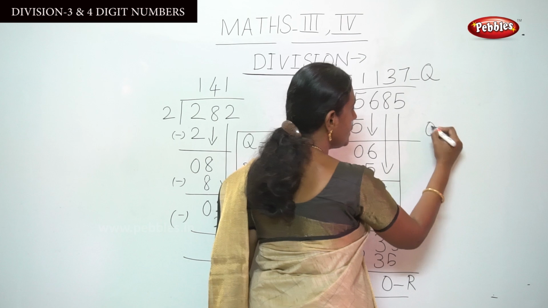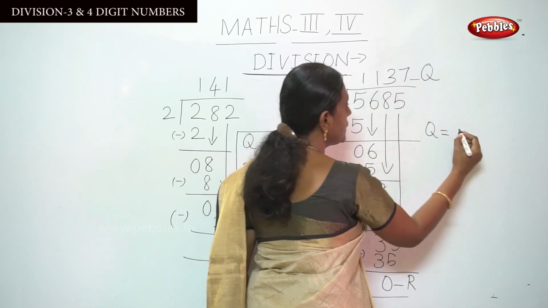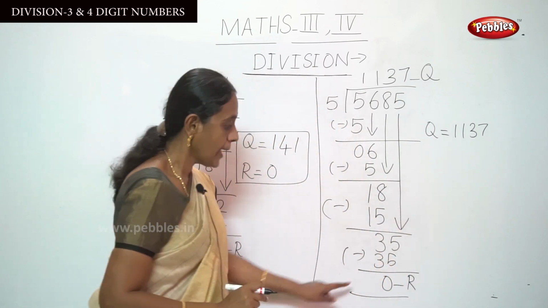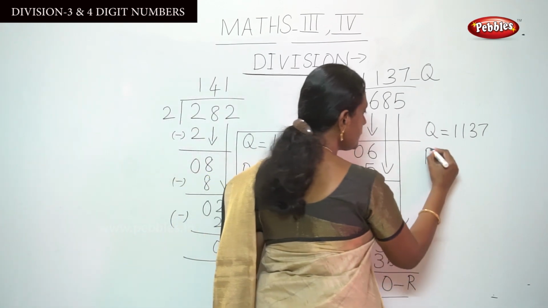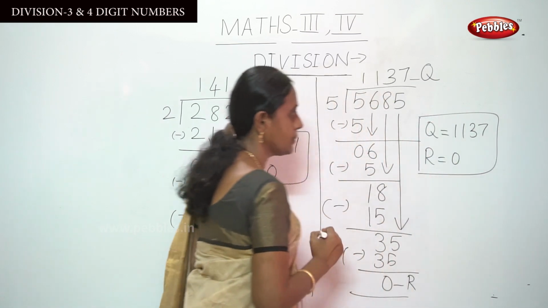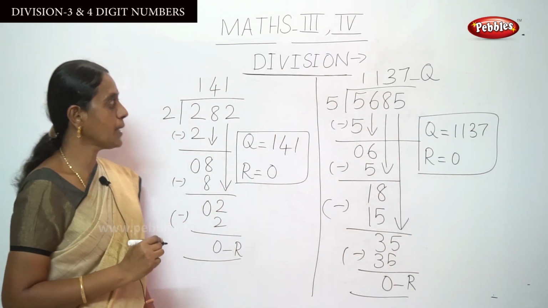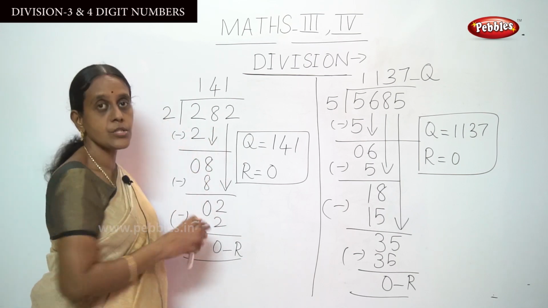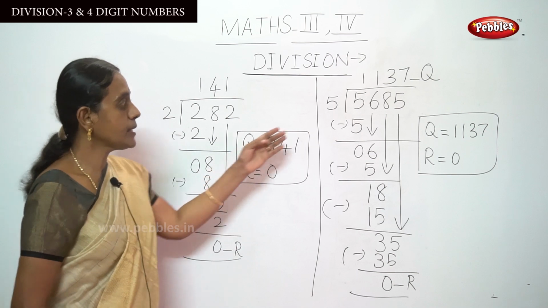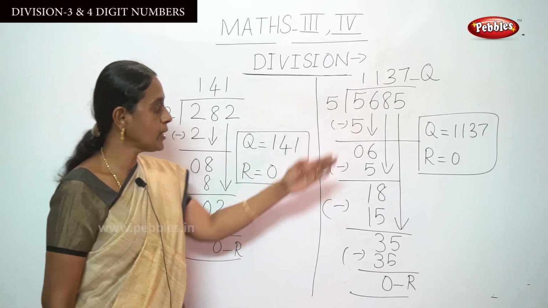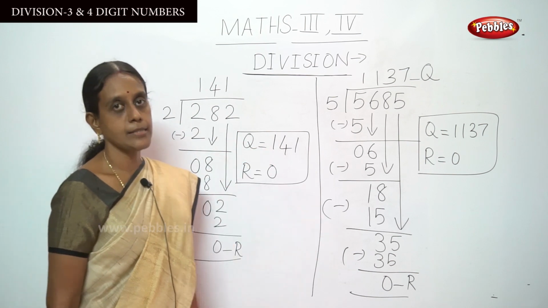So Q is equal to 1137, that is the quotient, and remainder R is equal to 0. So this is the way for a 3-digit number division by a single-digit number, and the same for a 4-digit number by the divisor. You can find out the quotient and remainder.